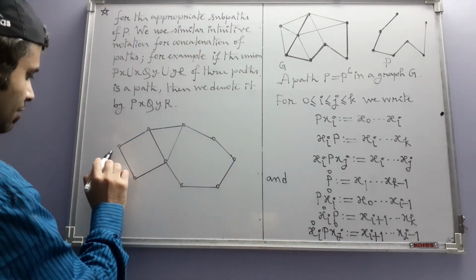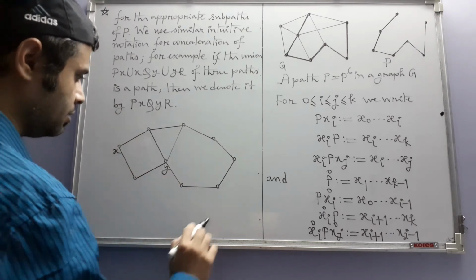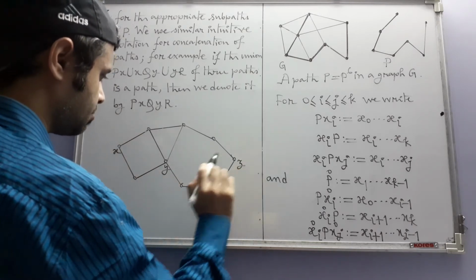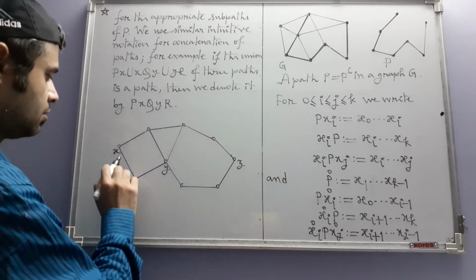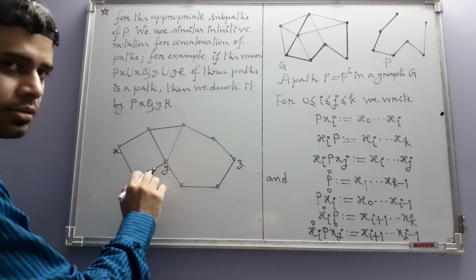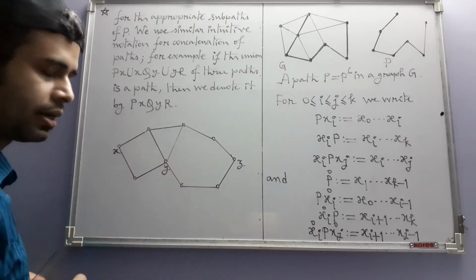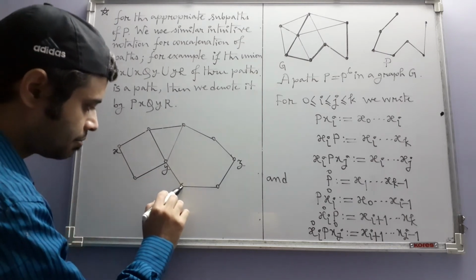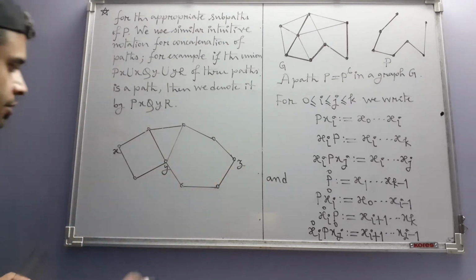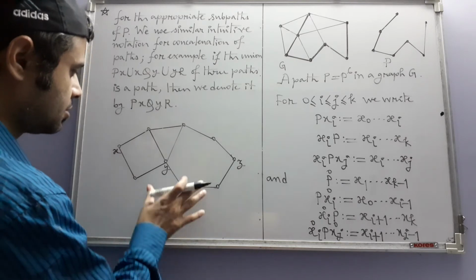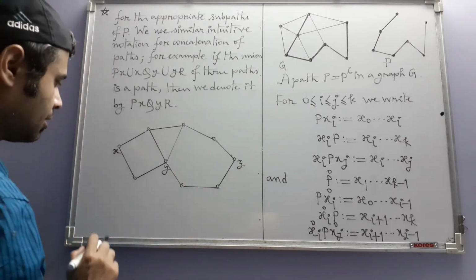So say you have here, this vertex is x, this is y, and this is, suppose, z. One path you have is this, between x and y, and the other path, this one, is between y and z. These two paths can be concatenated to form a single path.